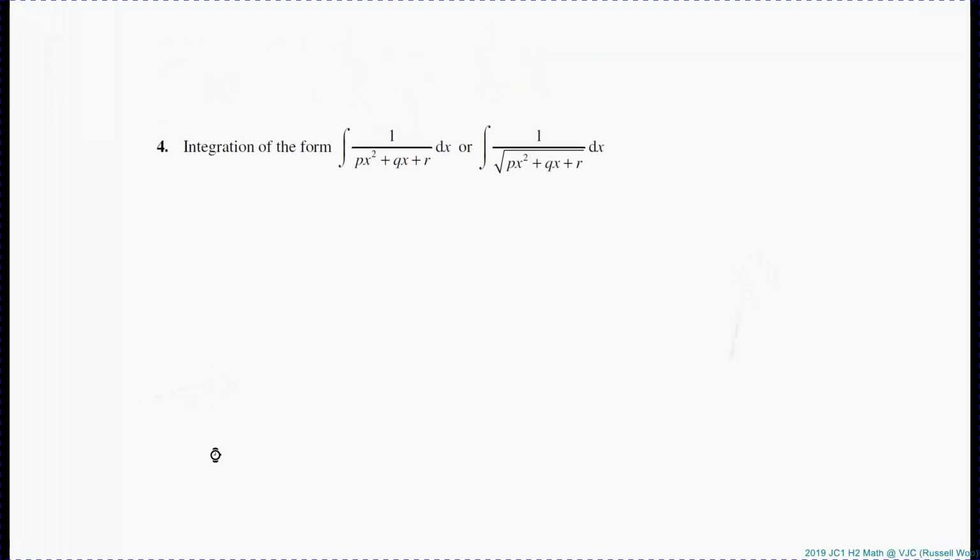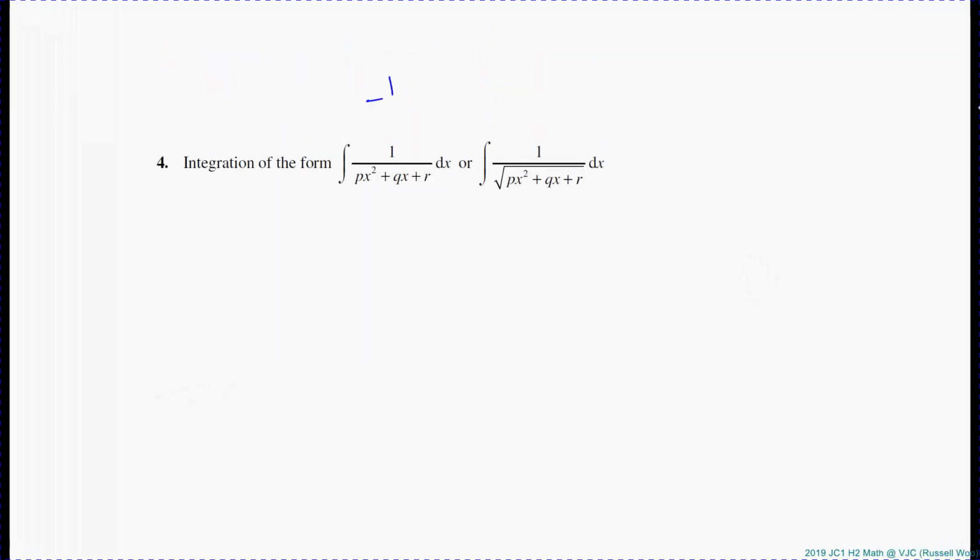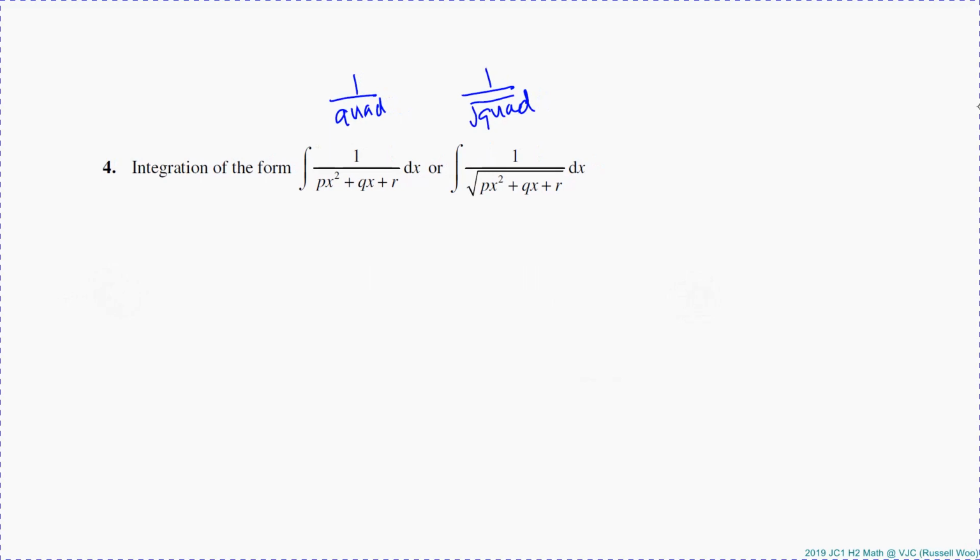I simplify by saying this is 1 over quadratic, and this is 1 over square root. Here, you got to refer to MF26, because we provide MF26 here. There are 4 formulas here.